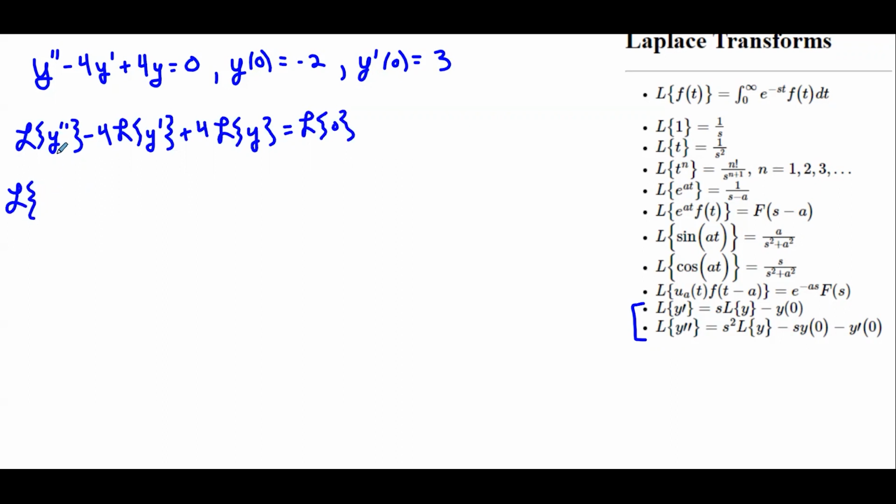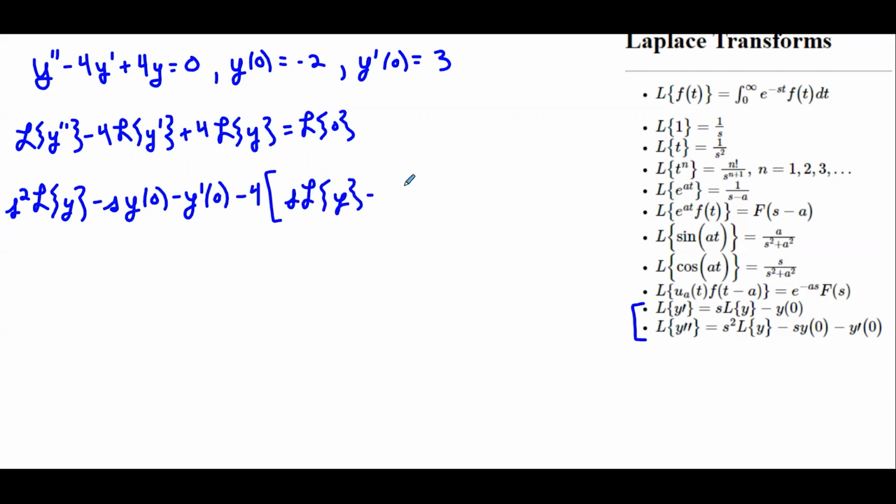So the Laplace transform of y double prime is going to be s squared Laplace transform of y minus s y of 0 minus y prime of 0. Then we've got minus 4 times s Laplace transform of y minus y of 0 plus 4 Laplace transform of y, and then we have 0 on the right side.